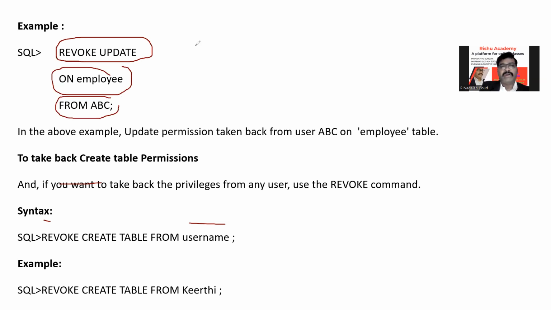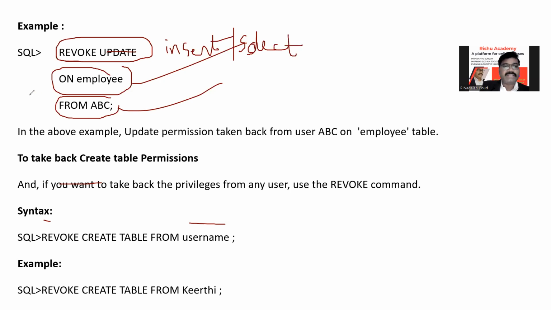Or instead of update, you can write insert, or delete, or whatever you want. Insert on employee table from ABC. Or you can write select. You can write the select statement here. Select on employee table from ABC.